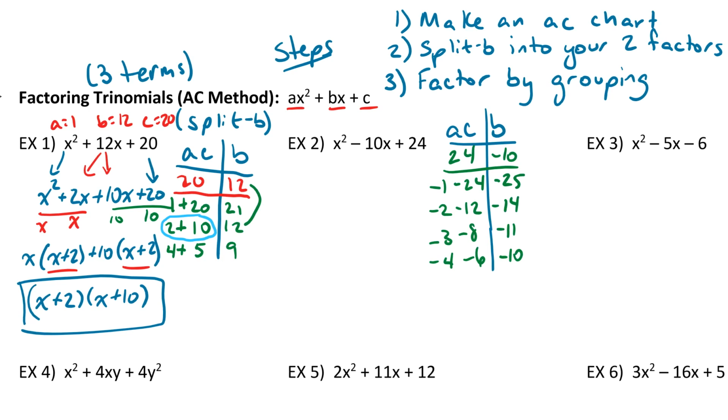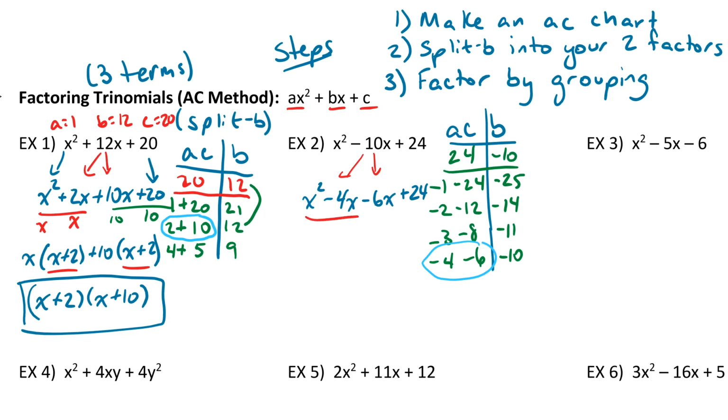So the negative 10 is the one we're looking for, so negative 4 and negative 6 are our factors. And we go ahead and split b. So the x squared comes down, then we have minus 4x minus 6x, plus 24 also comes down.